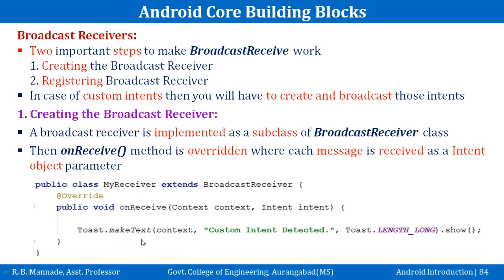Toast.makeText gets the current context of the application, and this is a string message which will be displayed on the screen for a particular time. Toast.LENGTH_LONG specifies that this message will be displayed to the user for a long time as a flash message.